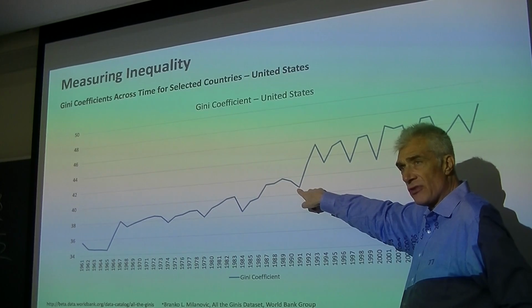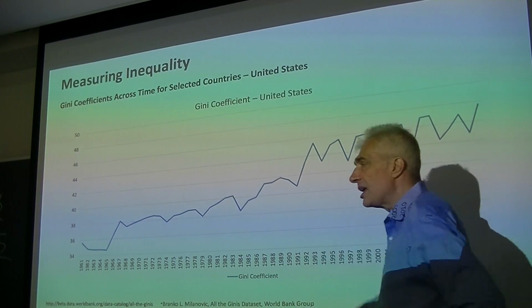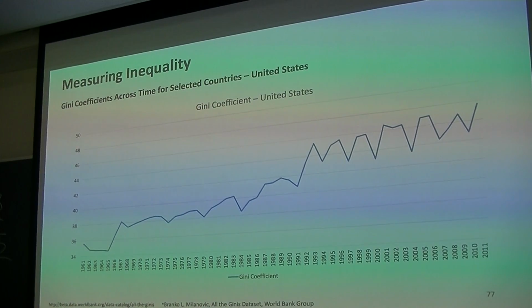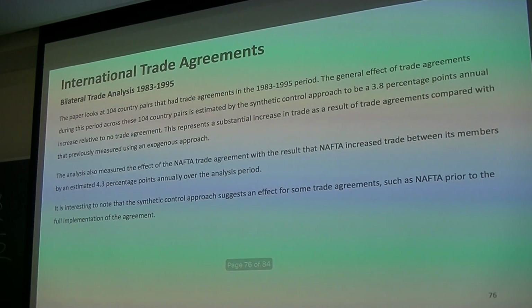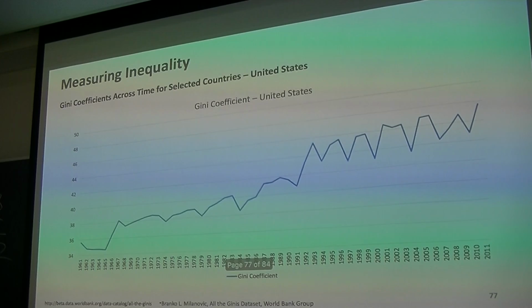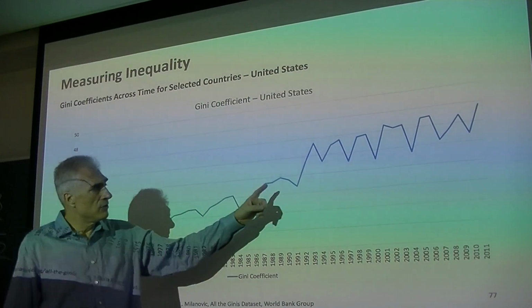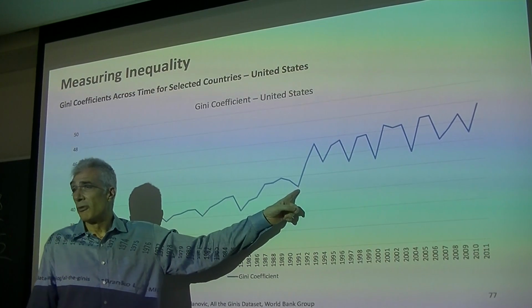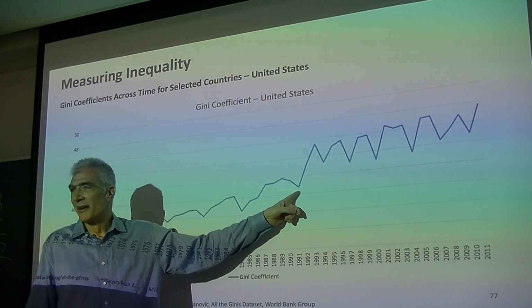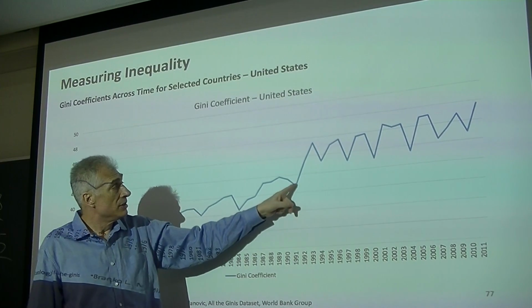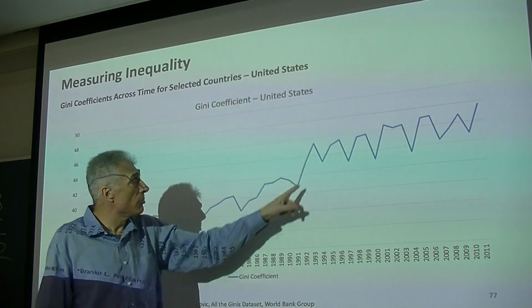The reason for the jump, getting back to this paper, is that this paper notes that the effect of NAFTA began being felt before the agreement was implemented. So that's why you have this jump. And this is a big jump. It went up 4 points.